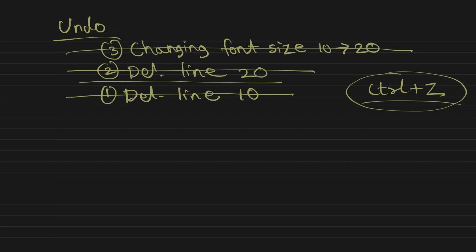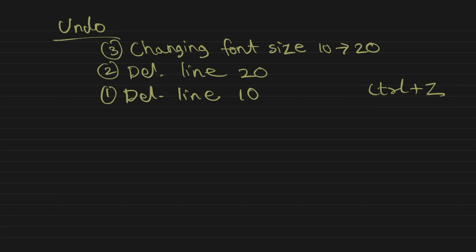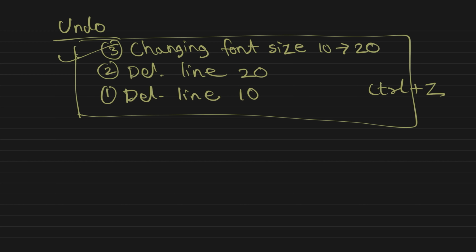If you observe carefully now, in this stack, the ordering that happened was that whatever entry was at the top of this list was undone first. The item at the top was 3, so that was undone, then the item at entry number 2 was undone, and then the item at entry number 1.